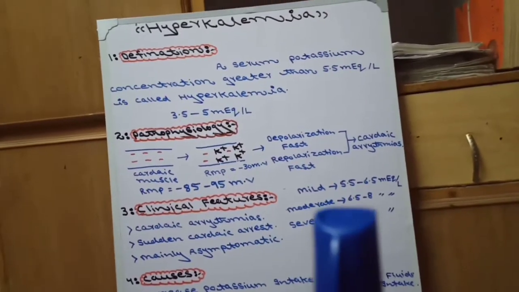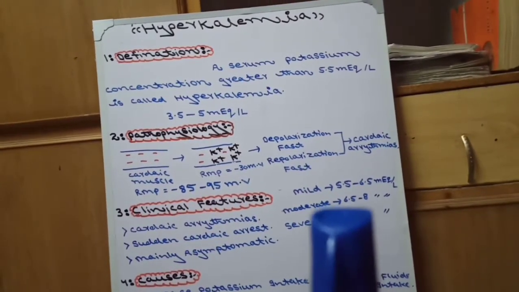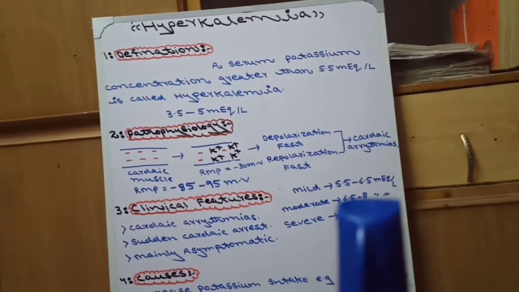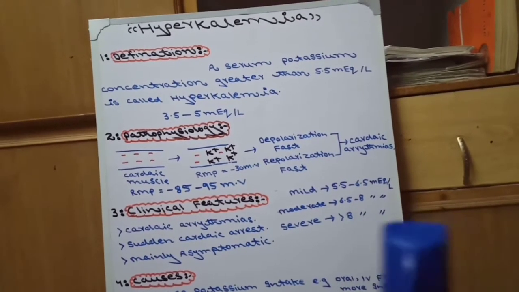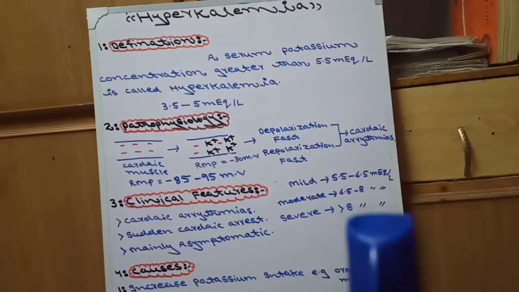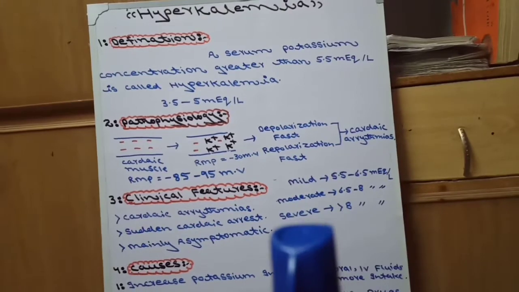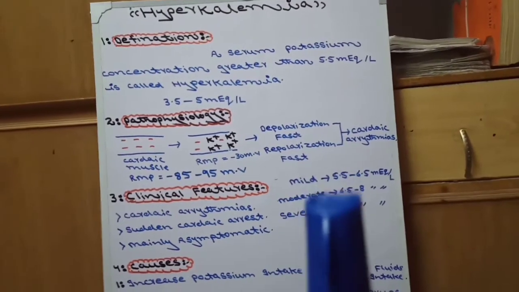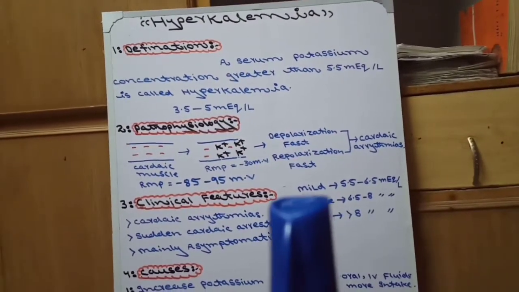If the potassium concentration is from 6.5 to 8 milliequivalent per liter, it will be called moderate hyperkalemia. If the serum concentration is greater than 8 milliequivalent per liter, it will be called severe hyperkalemia. These are the three grades of hyperkalemia: mild, moderate, severe.